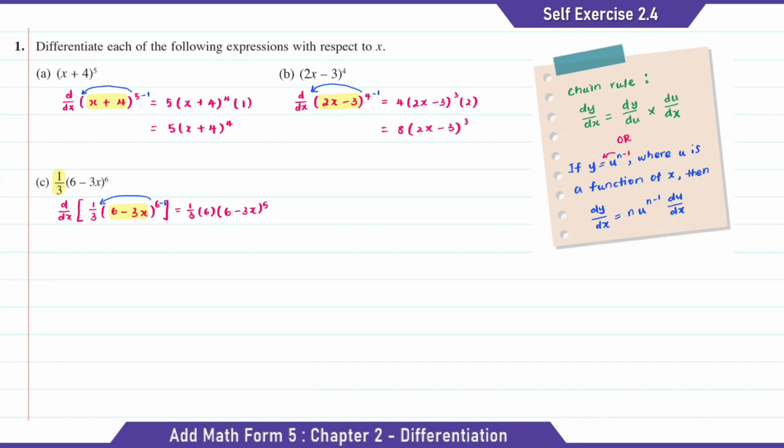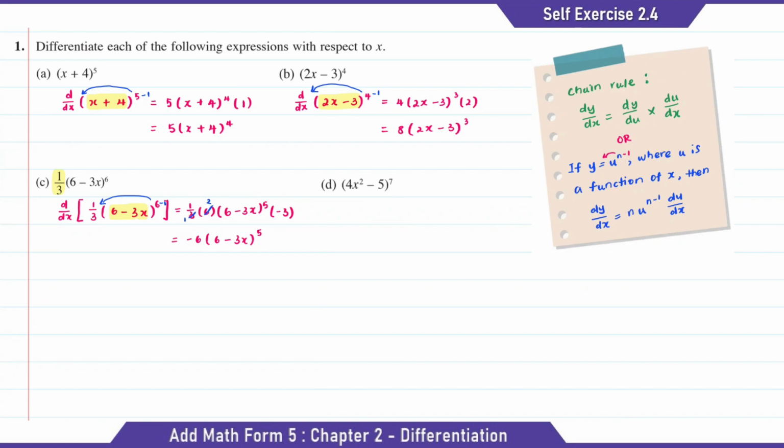Then differentiate the terms in the bracket, which is going to be -3. So here we can simplify 1/3 and 6, which is going to be 2. Multiply with the -3, the answer will be -6(6 - 3x)^5.